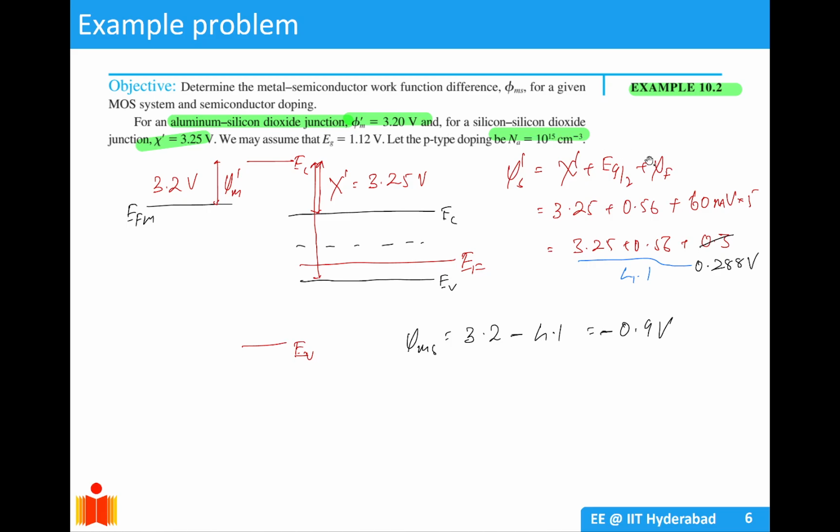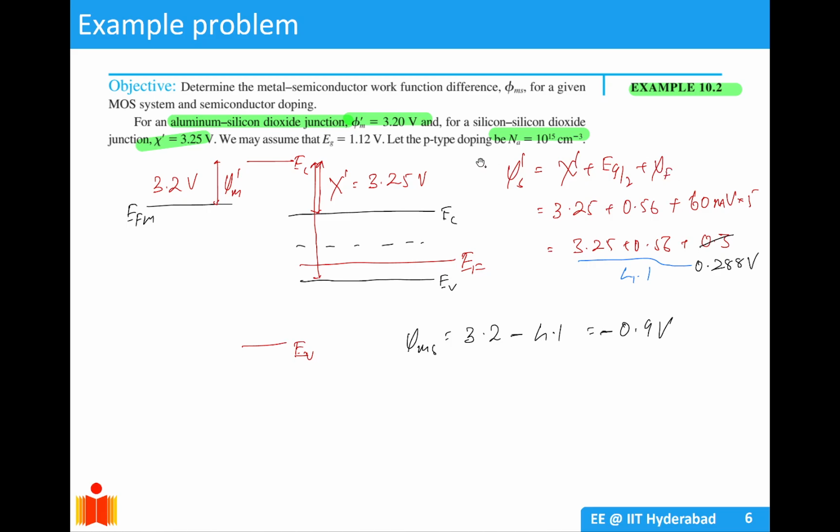So first you will calculate your phi f from the doping, and that will come out around 0.288. Then you calculate your substrate work function, which would be chi plus Eg by 2 plus phi f.